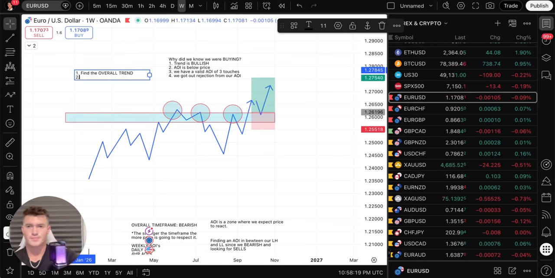Two, find your correct area of interest. Make sure you have at least 3 touches to that area.